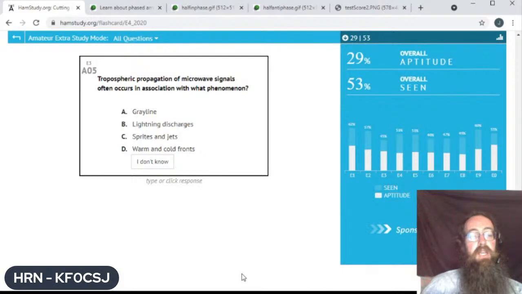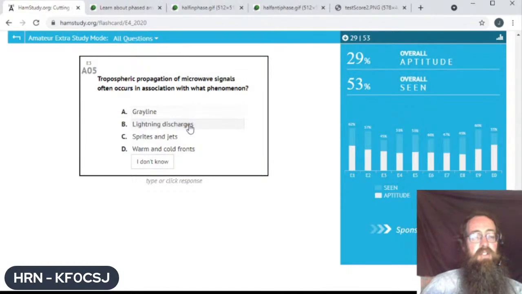Tropospheric propagation of microwave signals often occurs in association with which phenomena? A. Gray line. B. Lightning discharges. C. Sprites and jets. D. Warm and cold fronts. Okay, talking about microwave signals, gray line phenomenon is HF.